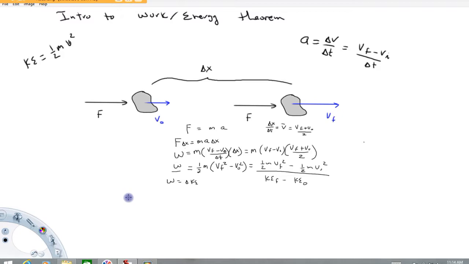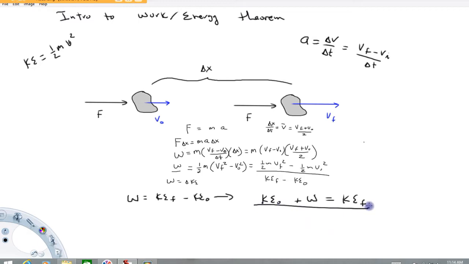The work is equal to this term, KE final, minus this term, which is KE initial. I like to rearrange this equation and put this thing on the left-hand side. So we've got the initial kinetic energy of a system plus the work done is equal to the final kinetic energy of the system. This is how I usually express the work energy theorem.